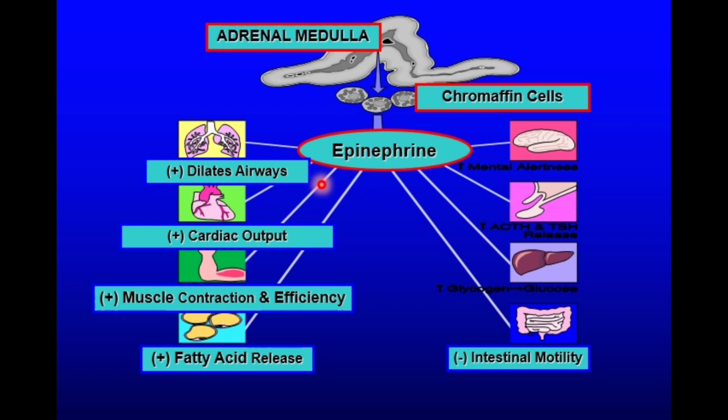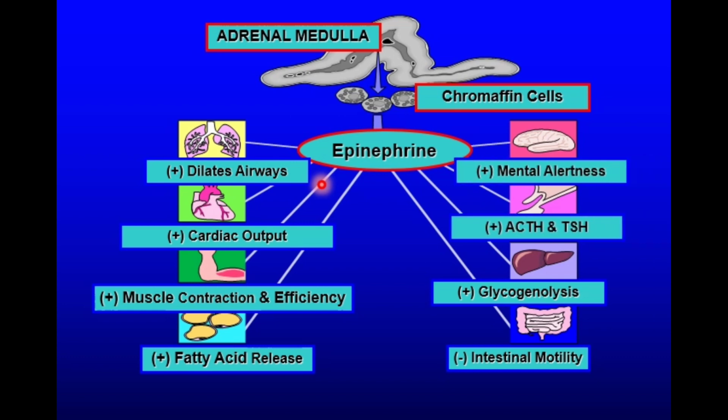Adrenaline causes relaxation of gastrointestinal smooth muscle, and on the liver it causes glycogenolysis. And there are some other central nervous system effects, including mental alertness.